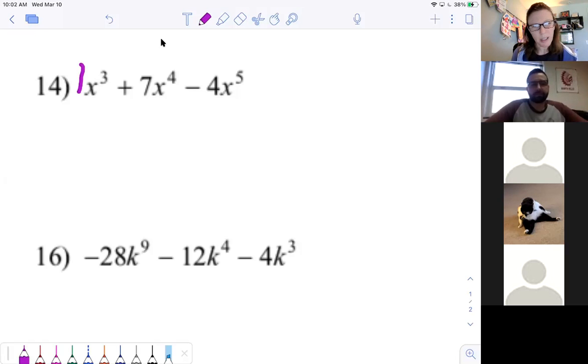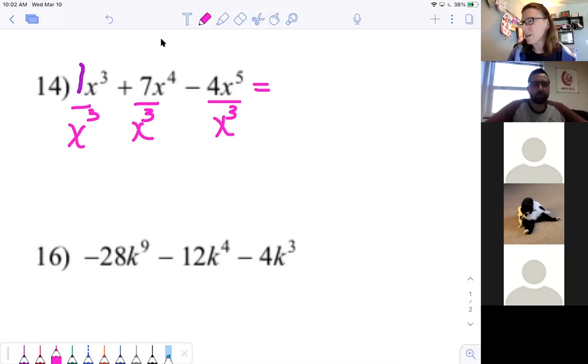Do they have the same number in common? Only 1. Yeah, they only have a 1 in common. How about, do they all have anything else in common? x. How many x's? To the third. Excellent, yeah. So x cubed. So they just have a 1 numerically, but they do have an x cubed in common.